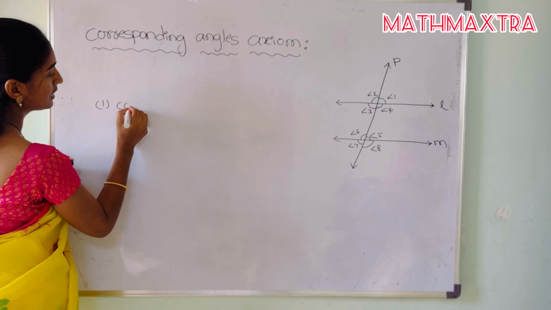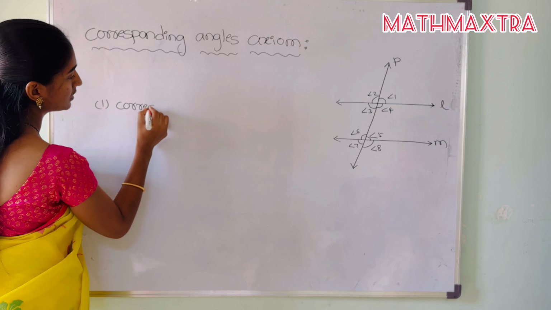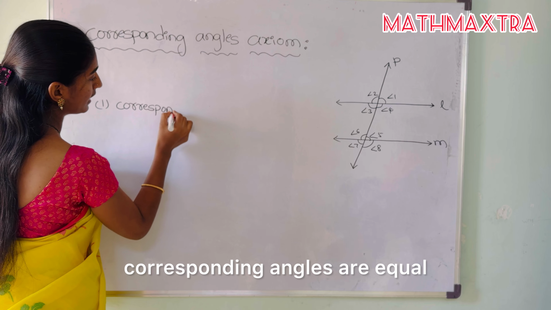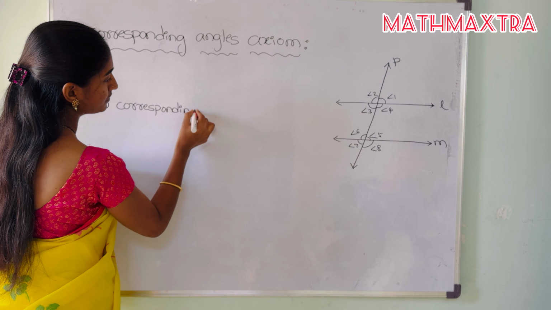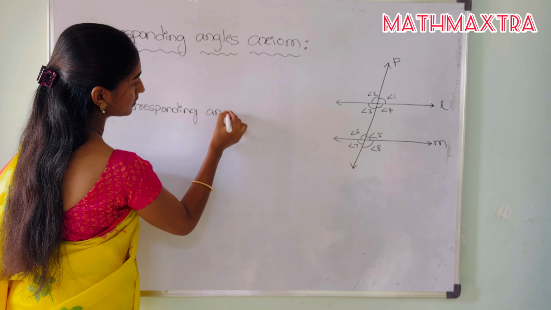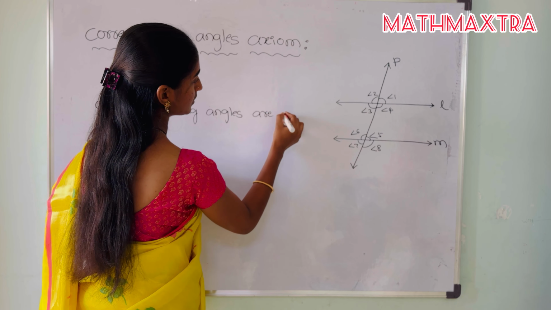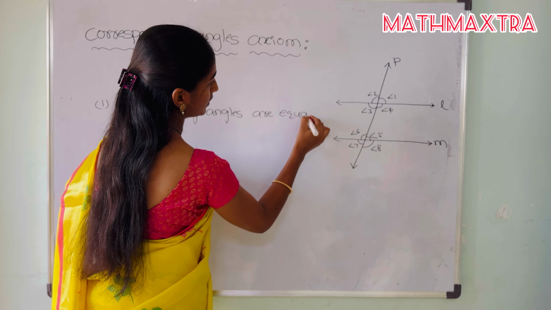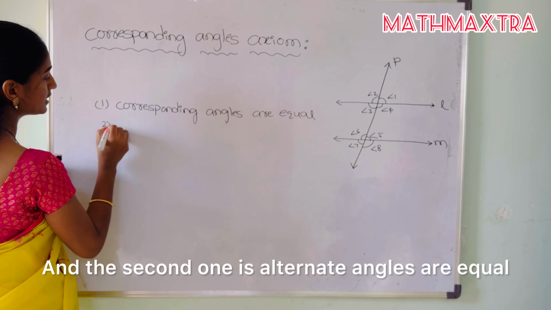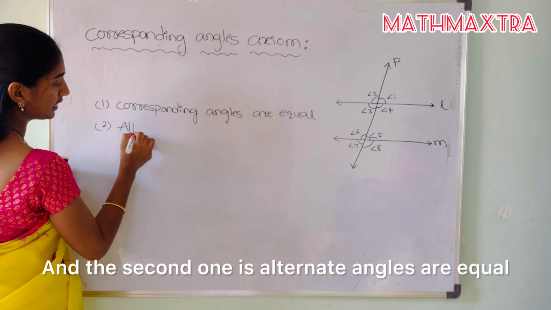The first is corresponding angles are equal. And the second one is alternate angles are equal.